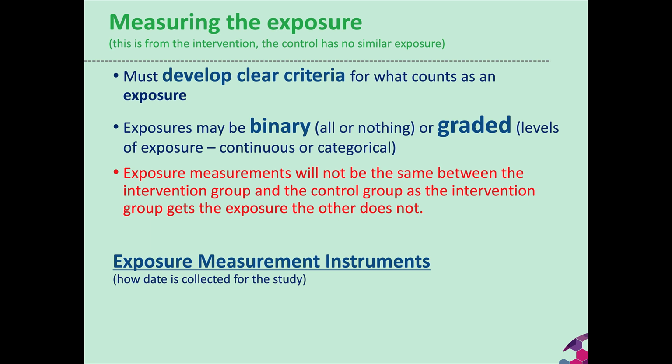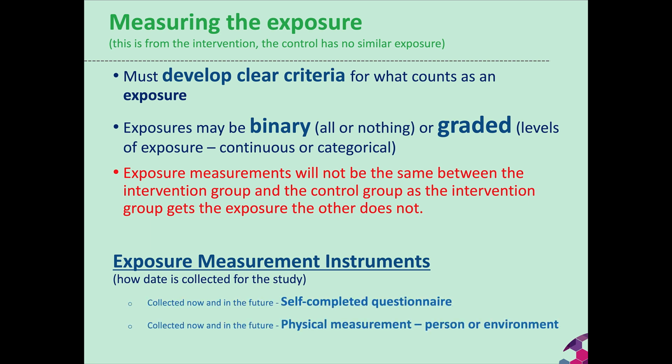And similar to previous discussions, you can use self-completed questionnaires, physical measurements of the person or their environment, or routine statistics like census data, specific censuses, cancer registry or surveillance data, local health profile data. And this is collected before the intervention and then after the intervention is carried out.